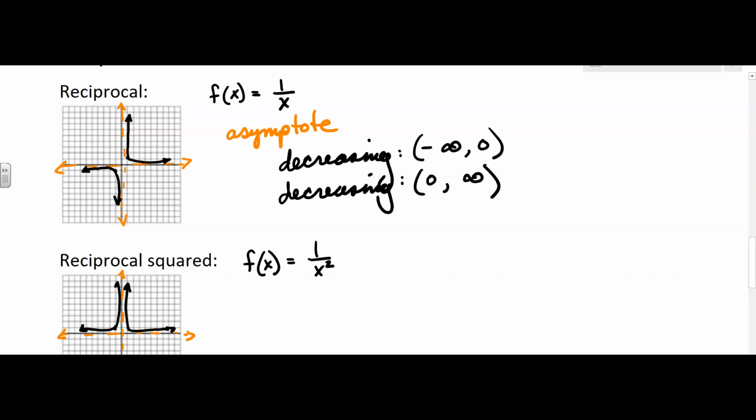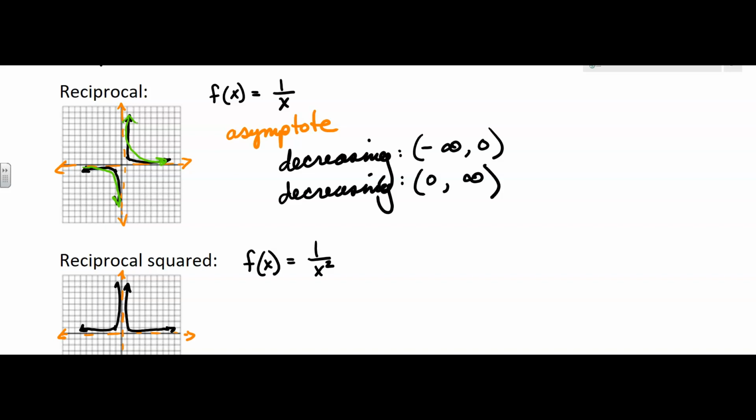Now, why is that? Well, if you look at the graph, you're starting out here and it's just going down the whole time, so that part's decreasing. And on the other side, it's also decreasing, right? It's going down. Why do I have to write two separate ones? Well, it's not defined at 0, 0. So I can't include that in as part of the function.